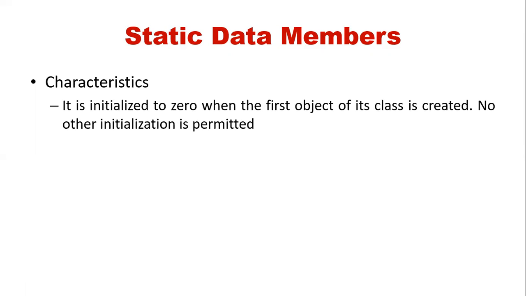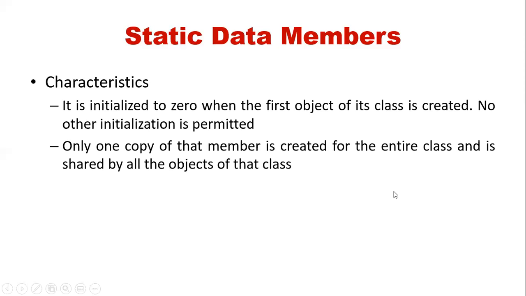After that, no other initialization is permitted. So initially, when the first object is created, it is initialized to 0, and after that you cannot initialize it with new values. That's the first characteristic.